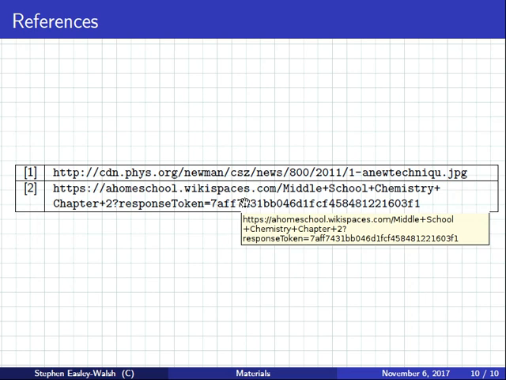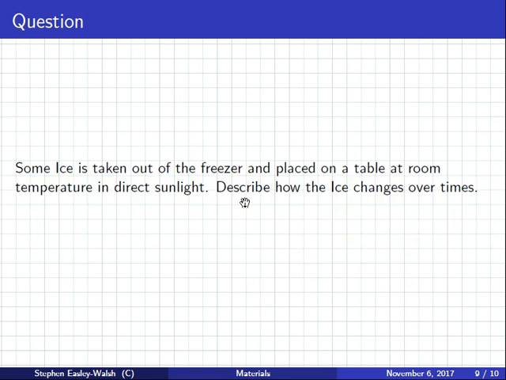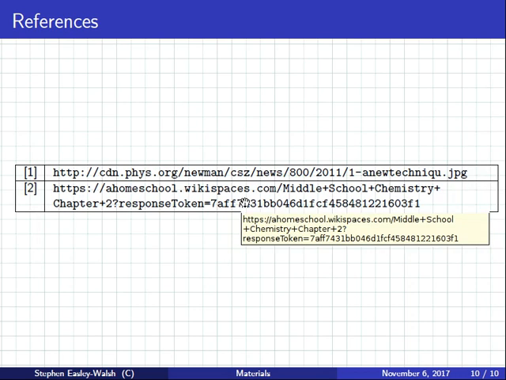I have a question like that in here. When you take ice out of the freezer and leave it in sunlight, what happens to the ice? First the ice is a solid, and it melts. Just describe it. I'm giving you a chance to practice your vocabulary. Melting is first, and then after it melts and becomes a liquid, it becomes a gas. That's evaporation.